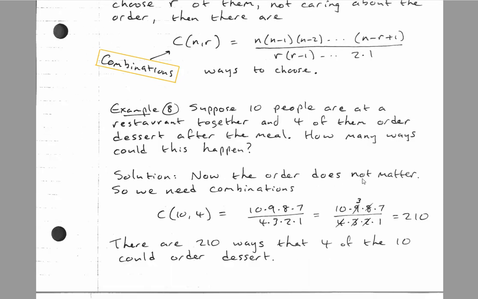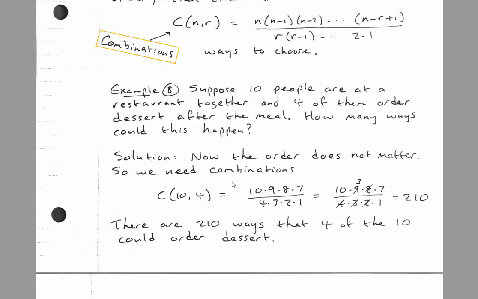We don't care about the order in this question. The order is not important, so we need combinations. C(10, 4), so it's 10 times 9 times 8 times 7 over 4 times 3 times 2 times 1.